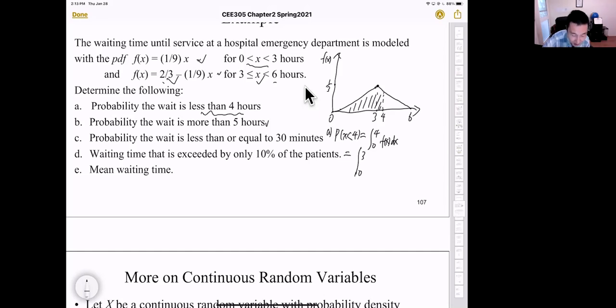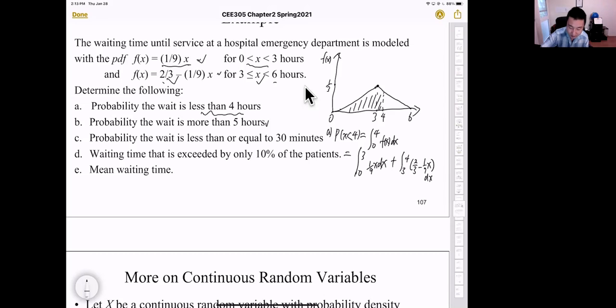From 0 to 3, the f(x) is this: 1/9 x dx, plus from 3 to 4. From 3 to 4, f(x) will become 2/3 minus 1/9 x dx.